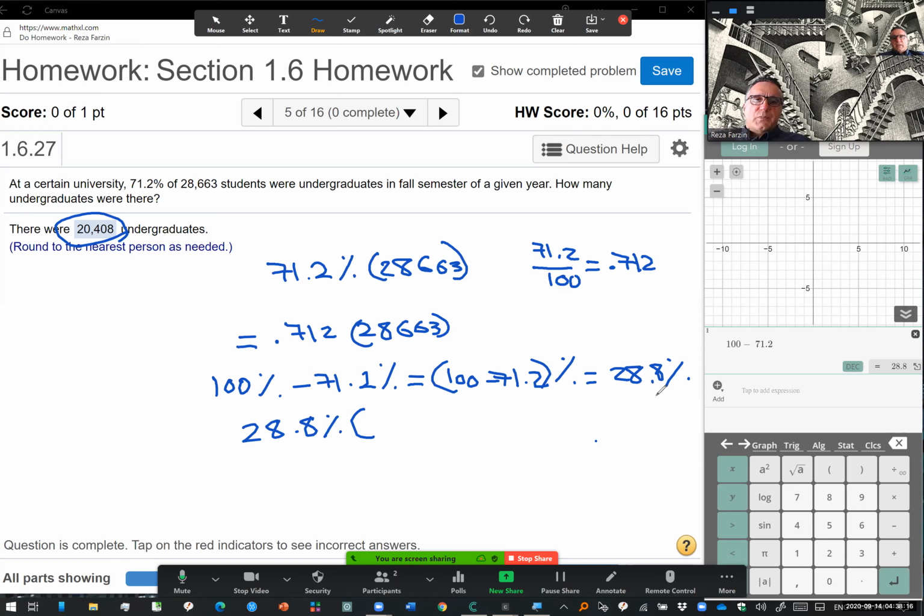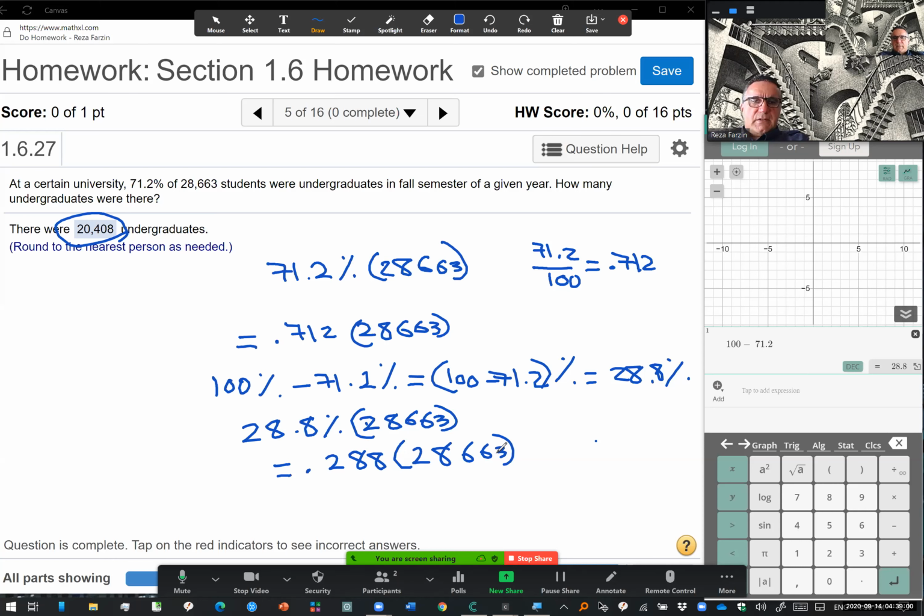So 28.8% of 28,663. When we calculate that, that's just going to be 0.288 times 28,663.